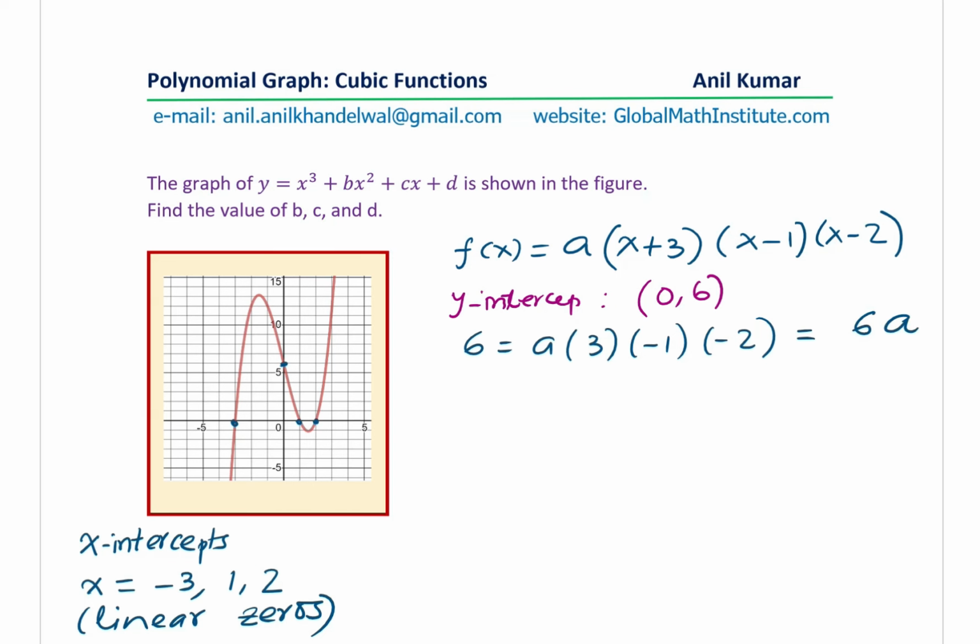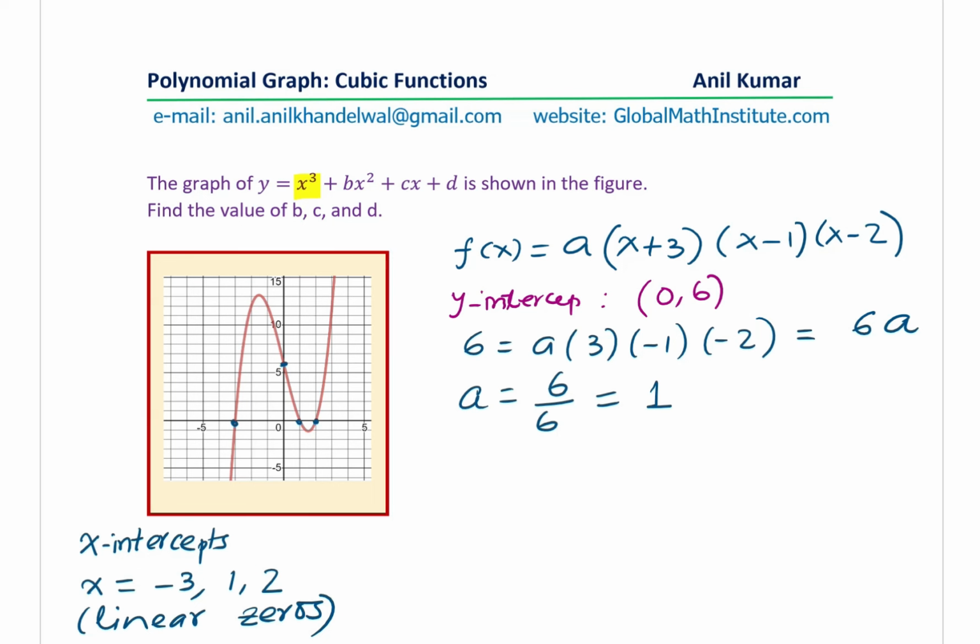So we get 6 equals 6a, or a is 6 over 6, which is equal to 1. So we do get a equals 1, which was kind of expected since the coefficient here was 1. However, we could have got a different value. In that case, we will have to factor it, correct? Remember that.